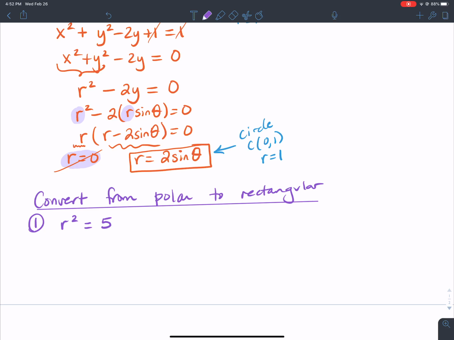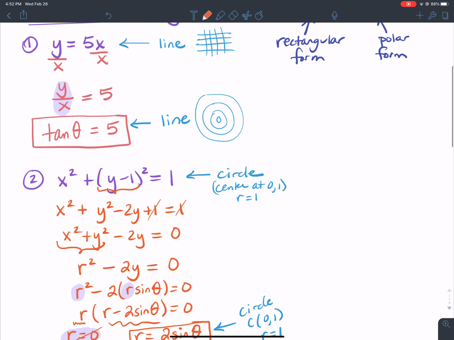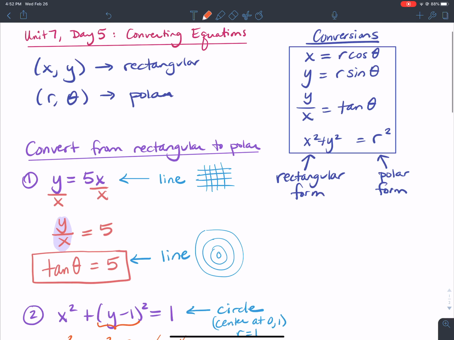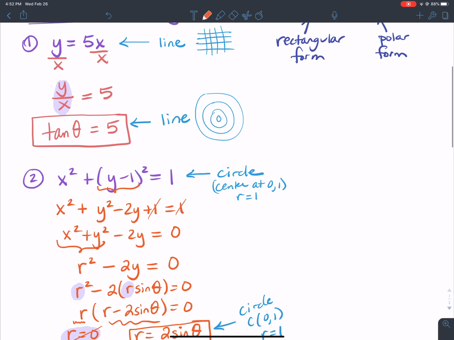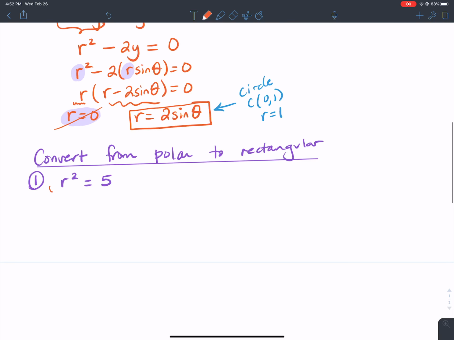That one's pretty basic. If you look back to your conversion box, what does r squared equal? It equals x squared plus y squared. So you just take this and you replace it with x squared plus y squared equals 5. And what you see from that is that this is a circle with a radius of square root of 5.